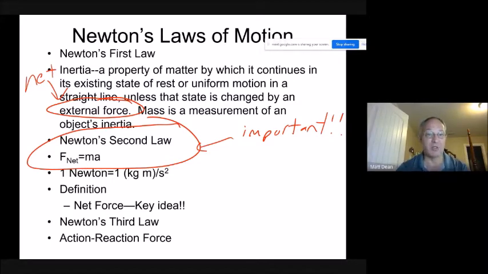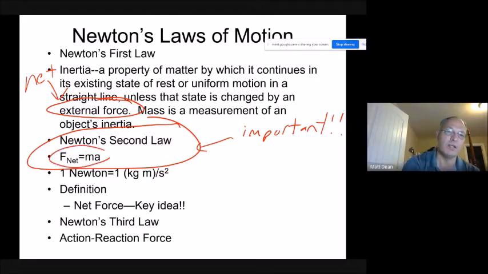Mass is really just another way to measure how much inertia an object has. Something with more mass is harder to change how that object is moving. It takes more force to change that object's movement. So that's Newton's first law. You guys know it's usually stated: an object in motion will remain in motion unless acted on by a net external force.